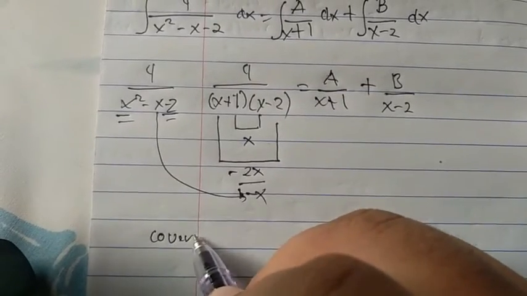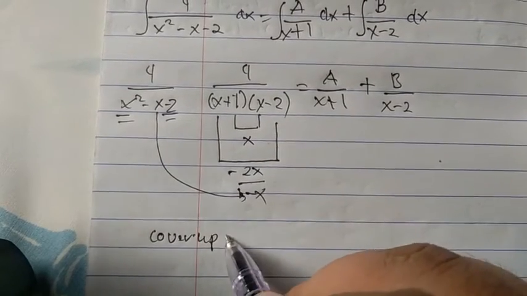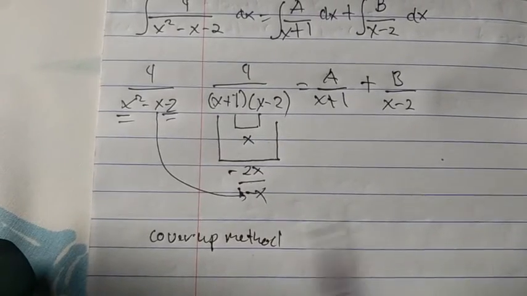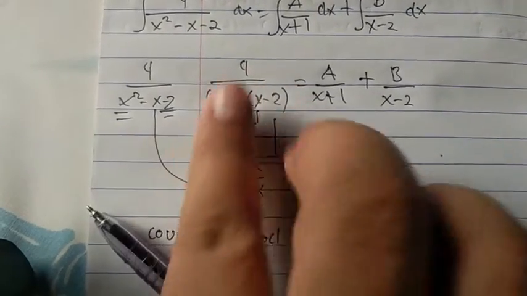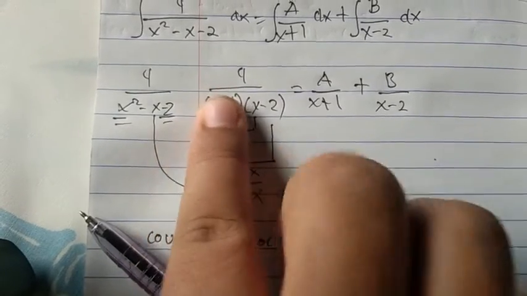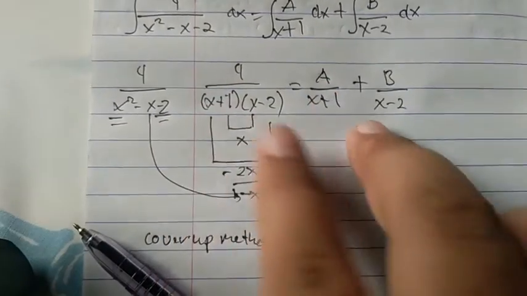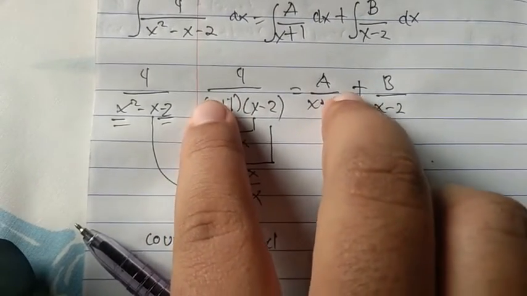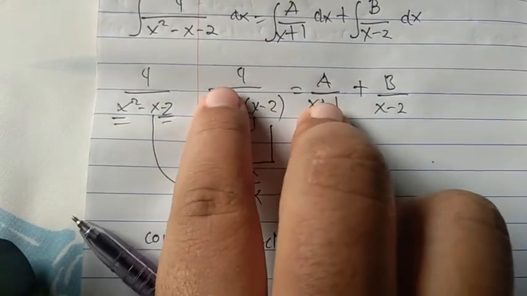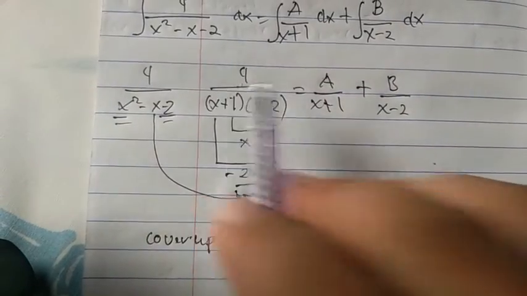Cover up method. We cover the x plus 1, and the left will be our a. So let's cover up, then the left is 4 over x minus 2.